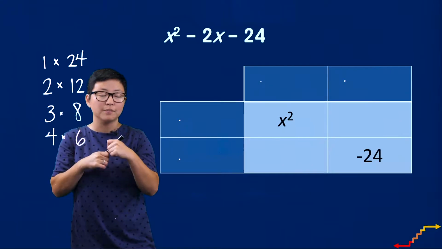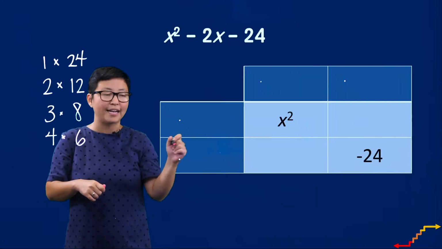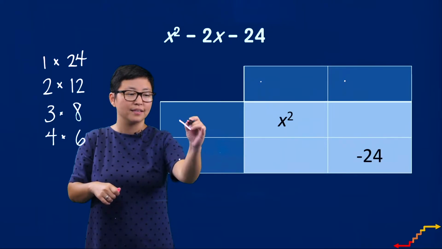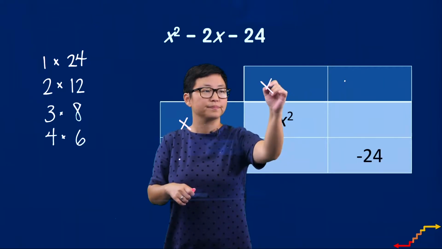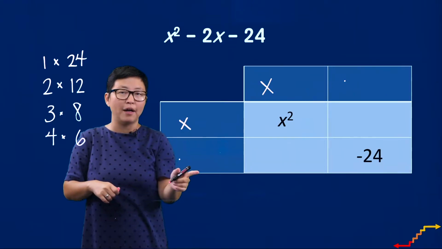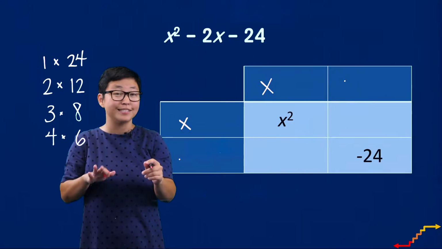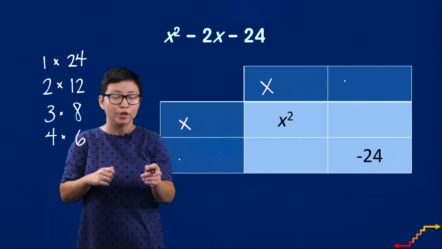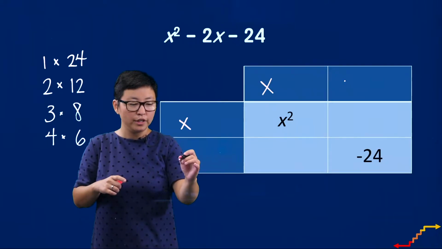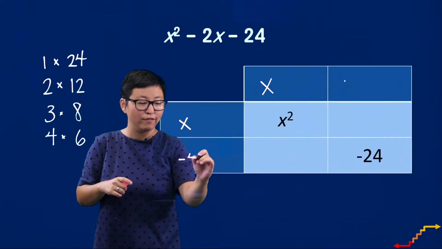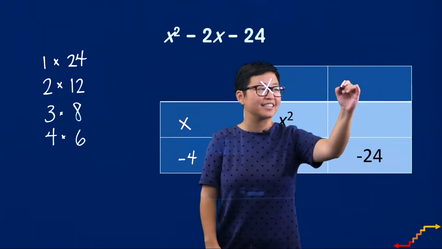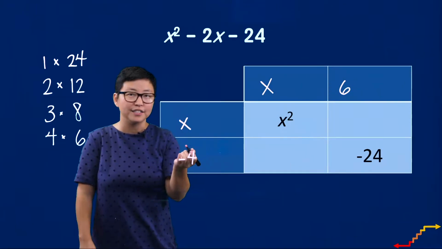So I know when I come over to my table that in order to get this x squared, I'm going to multiply x times x. Now when I'm thinking about this term here, I'm going to include the sign and the term. So let's try -4 and 6, and let's see if that makes sense.